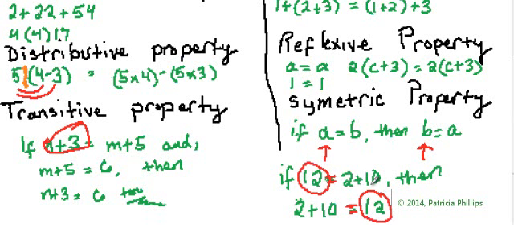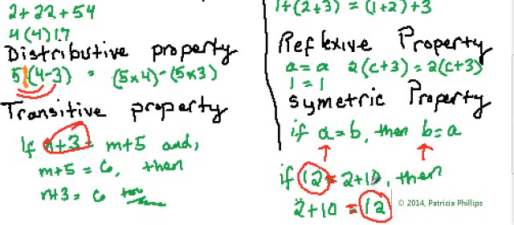Practice these last 3 properties together because they all use the equal sign, and the more complicated the math gets and the longer the series of numbers are that you're identifying, it can be kind of confusing. You're like, oh, that looks like the reflexive, or oh, that looks like the transitive, but I'm not sure.